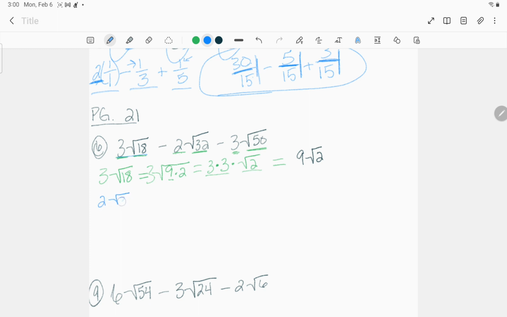I've solved that one. Let's go to the next one. 2 times the square root of 32. Just a little trick here for you to know for this moment. This can change as the book goes on and as Algebra 1 goes on, and even when you get into Algebra 2, this concept can change. But at this point, the book is not going to trick you. So in every one of these, what's left under the square root is going to be 2.